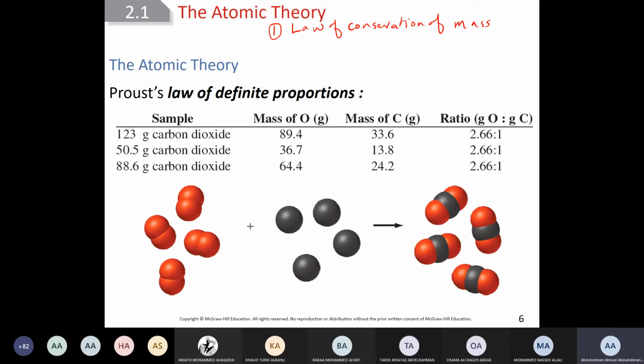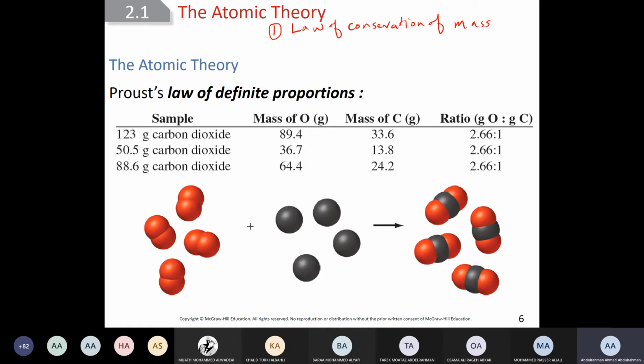You cannot lose or gain mass. When you make a chemical reaction, the total mass of the reactants must equal the total mass of the products. This is the law of conservation of mass. Good? Next.